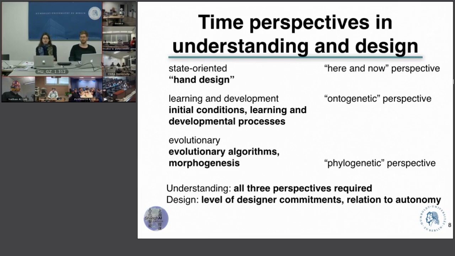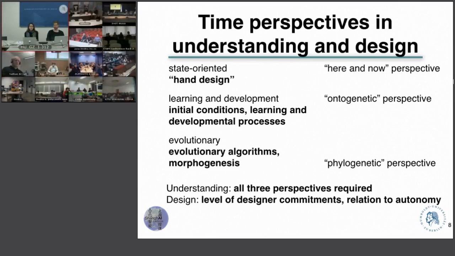And for an understanding of intelligence, basically all these three perspectives are required. So we have to see how we look at these: what are the designer commitments, and what is the relation to autonomy?